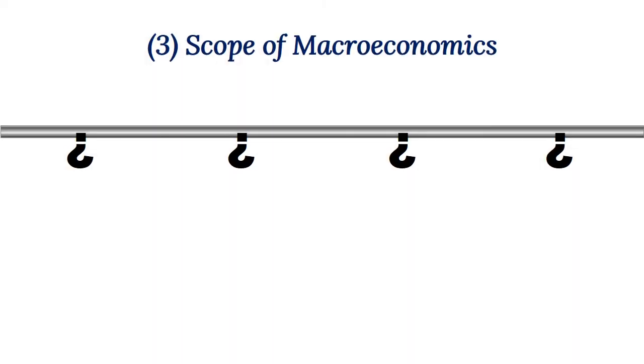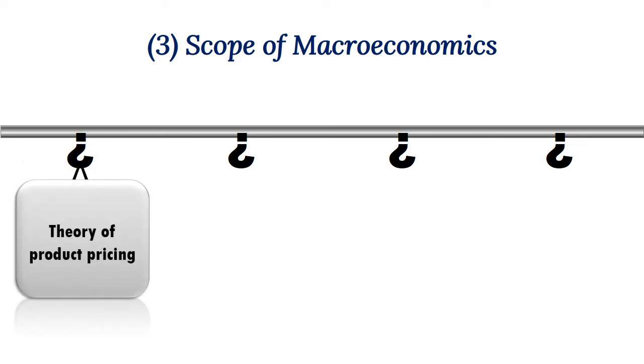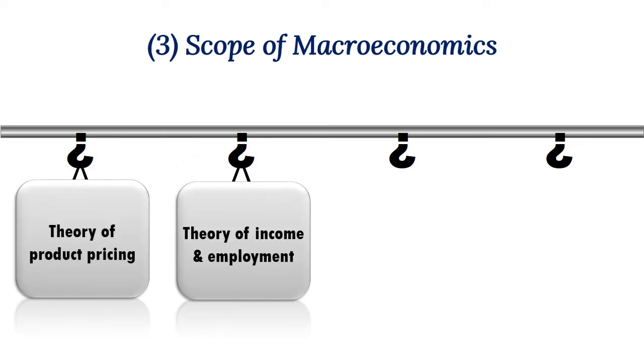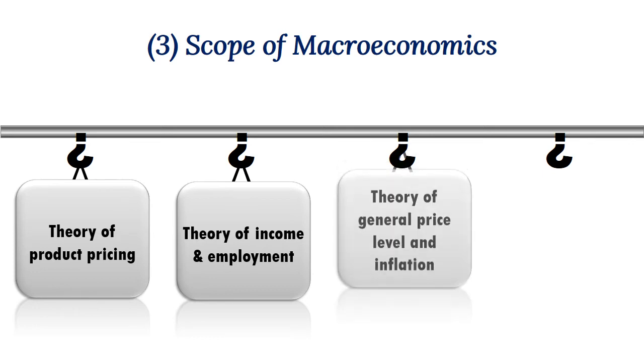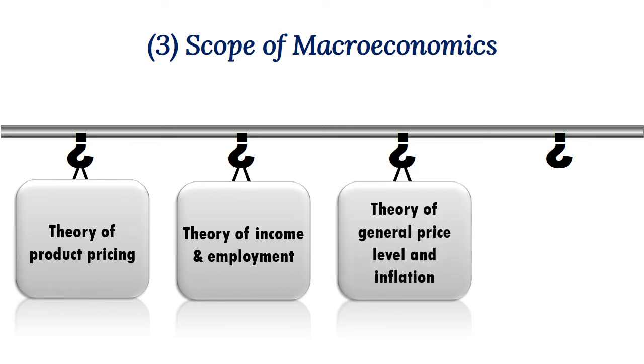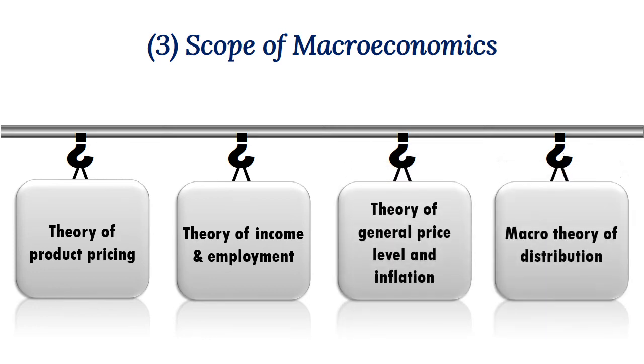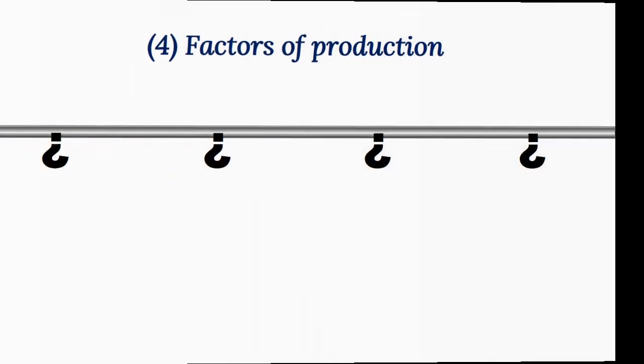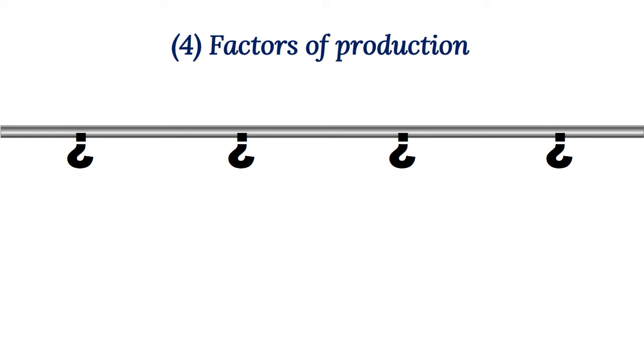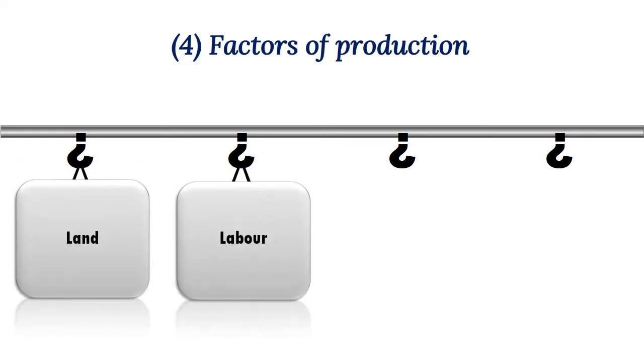3. Scope of macroeconomics. Theory of product pricing. Theory of income and employment. Theory of general price level and inflation. Macro theory of distribution. And the odd word is theory of product pricing. 4. Factors of production. Land. Labor.